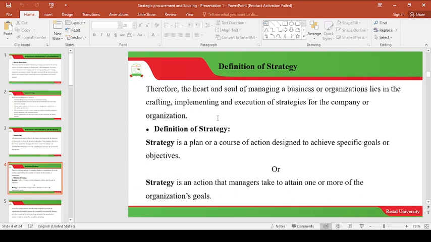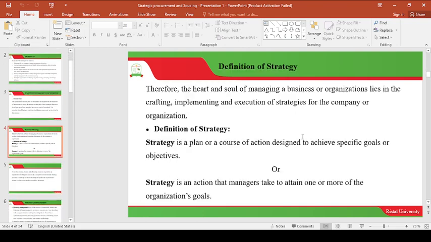So also a strategy can be defined as an action that managers take to attain one or more of the organization's goals, the actions that the managers take to attain the set objectives of the organization.